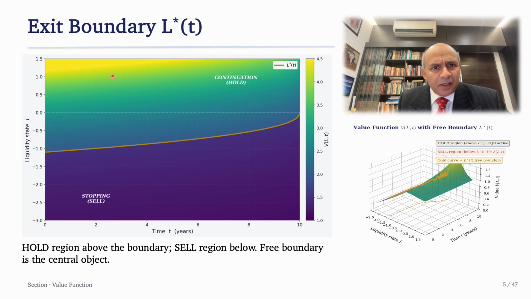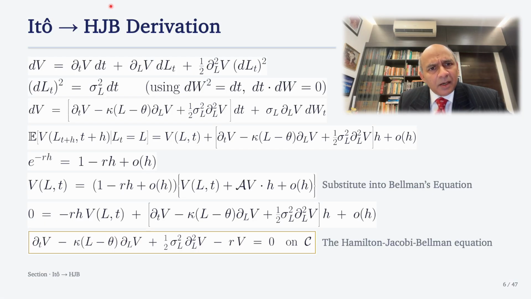Now, the heat map here shows the exit boundary, which rises over time towards the theta steady state where liquidity is zero in this parabolic domain. Ito's lemma expands dV, and dL squared collapses the second order term. The bracket over here, dtV minus kappa (L minus theta) dLV plus the second order term, basically is the generator, AV.